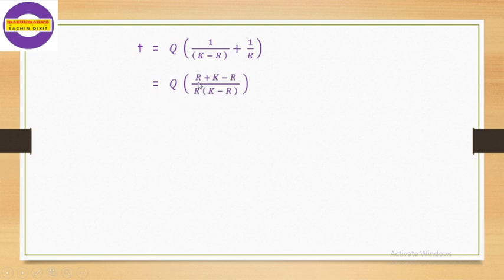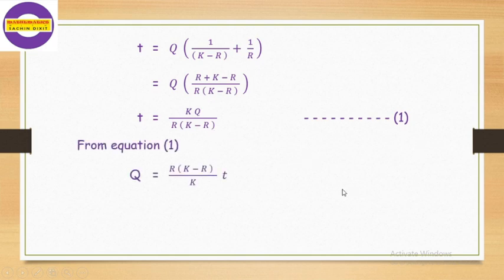We get Q into the bracket R plus K minus R divided by R into K minus R. R gets cancelled out. T is equal to K into Q divided by R into K minus R. Equation number 1. From equation 1, capital Q is equal to R into K minus R divided by K into T. Just we transfer this in reverse order.